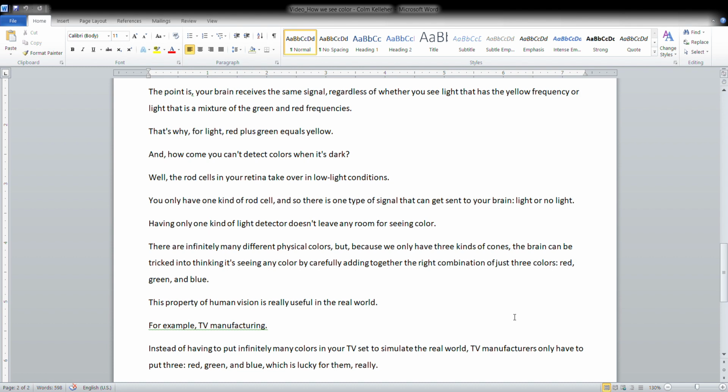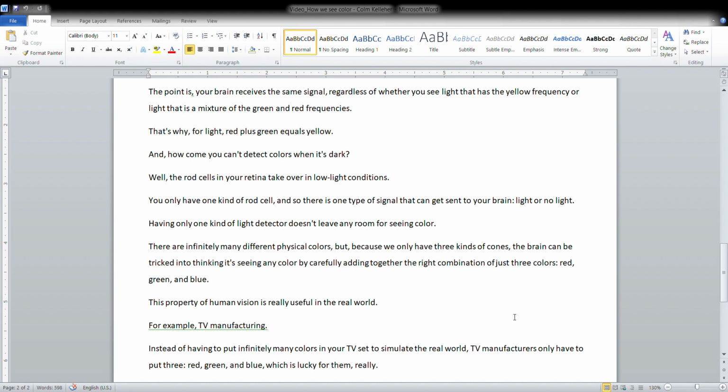There are infinitely many different physical colors, but because we only have three kinds of cones, the brain can be tricked into thinking it's seeing any color by carefully adding together the right combination of just three colors, red, green, and blue.